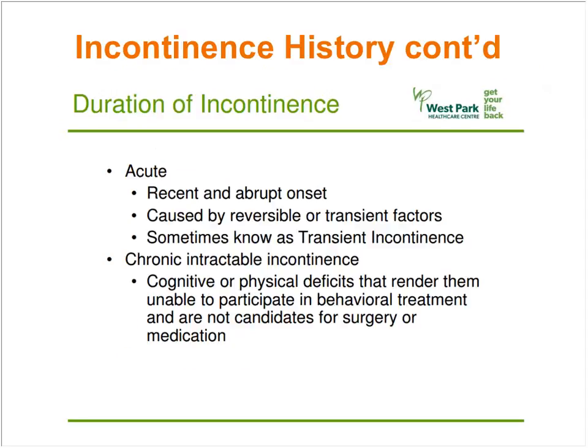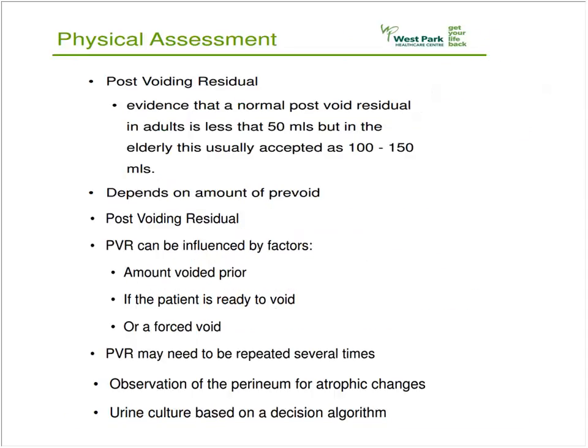So it's really important to tease out a recent change and look at your transient factors, and look at ways that you can better manage chronic intractable incontinence in terms of addressing cognitive or physical deficits. We're going to talk a little bit about prompted voiding in a bit in terms of strategies that are effective with patients that have cognitive impairment.